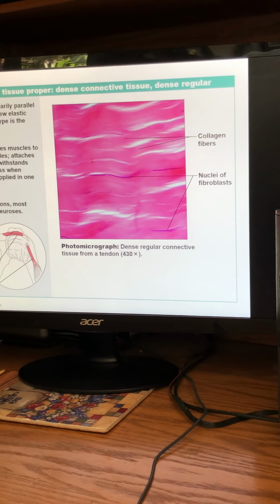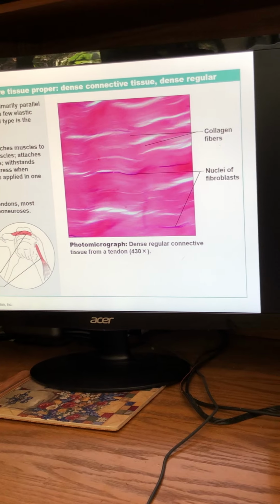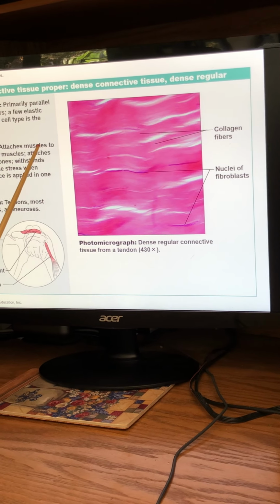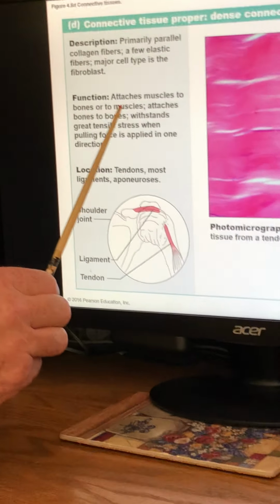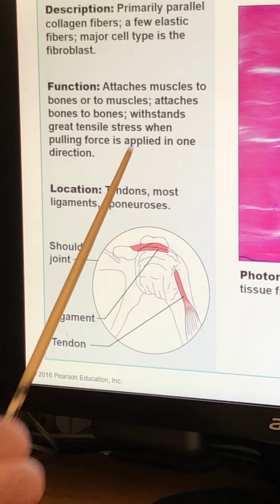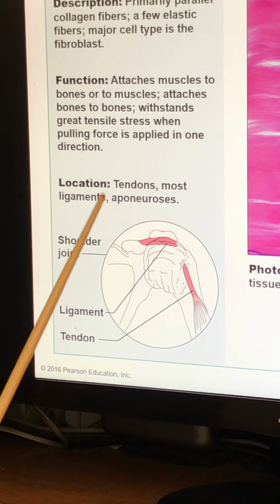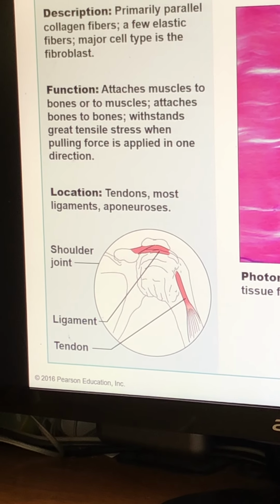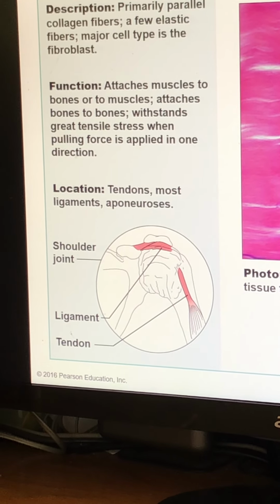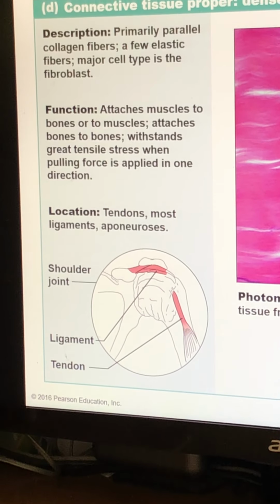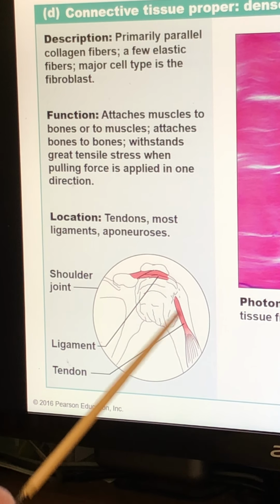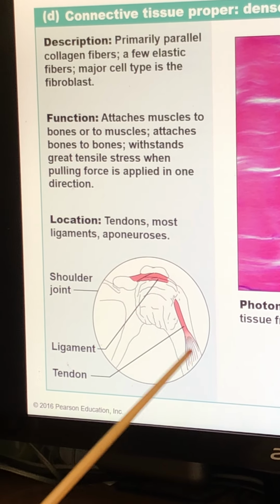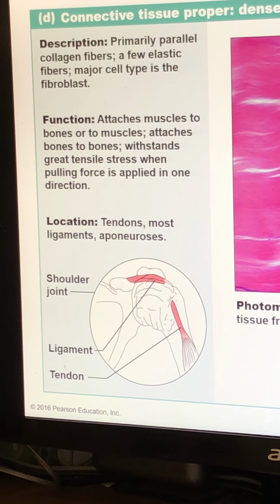So what is it good for? Its function is to either attach muscles to bones or muscles to muscles, and it attaches bones to bones. And it has a great strength in one direction. It's not really good in multiple directions. So if you tear this tendon here from the bicep muscle, you are tearing it in one direction.